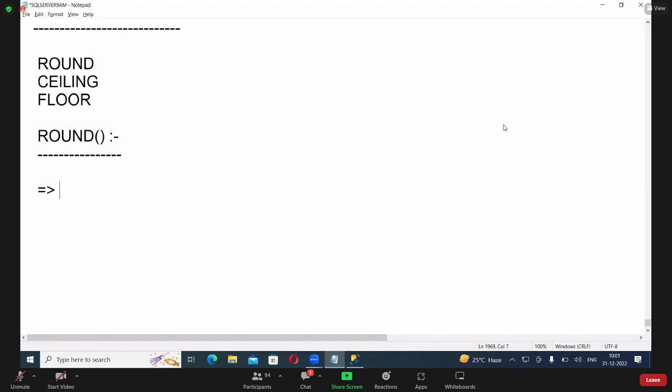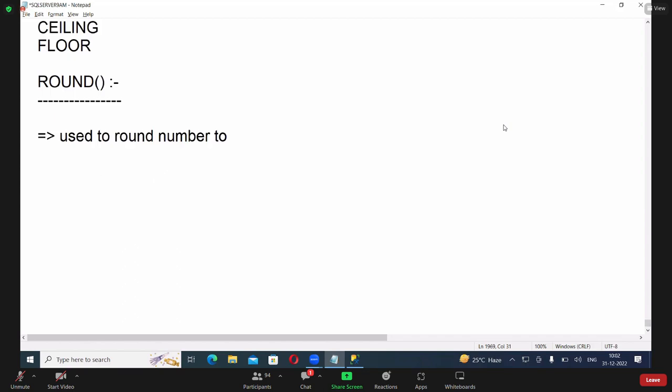Round. What is round used for? It rounds a number to an integer or to decimal places based on the average.